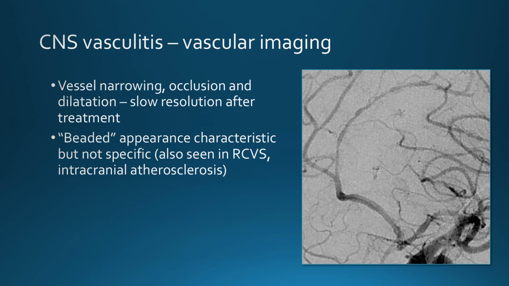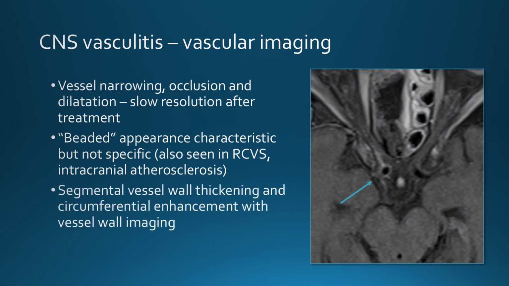So on angiogram and on MRA and CTA, you can often see this so-called beaded appearance. Unfortunately, this beaded appearance, although it's characteristic, is not specific for CNS vasculitis. You can also see it in reactive cerebral vasoconstriction syndrome, and you can also see it occasionally in intracranial atherosclerosis.